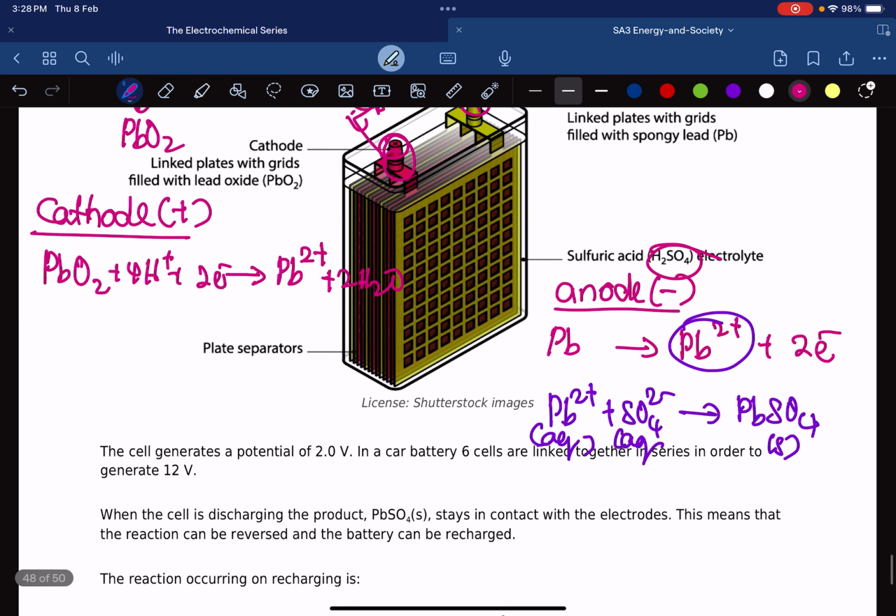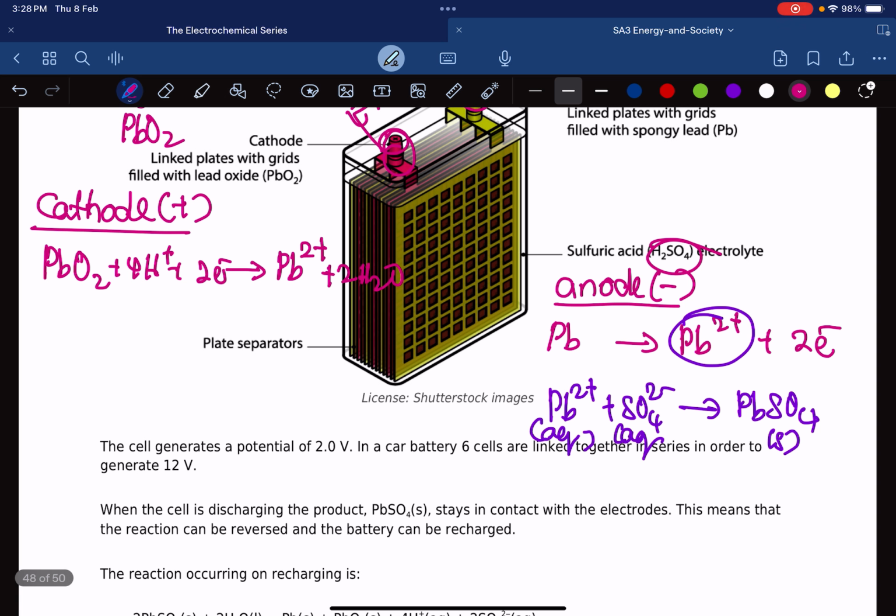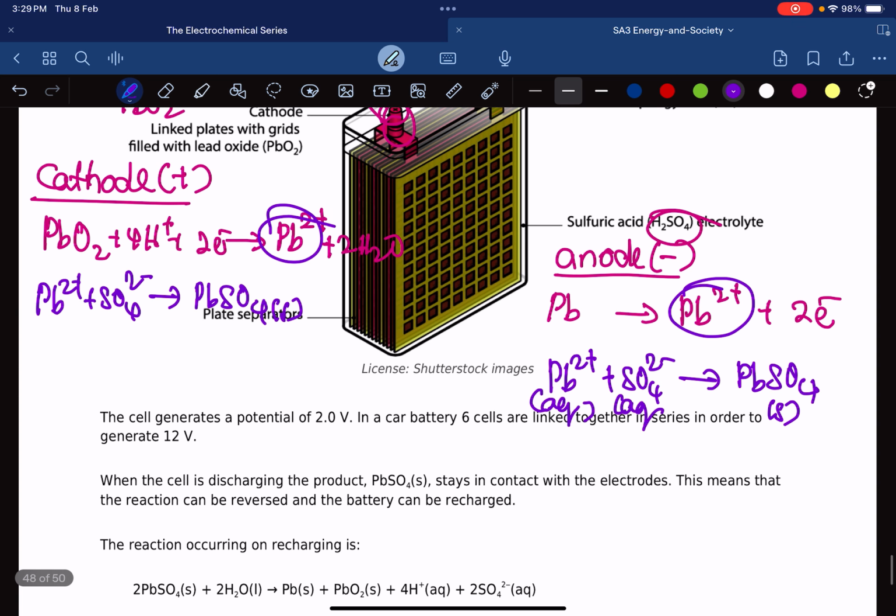Same thing on this side. Because you're producing lead ions, the lead ions can combine with the sulfates in the sulfuric acid to produce lead sulfate solid. Okay, now this is what happens when your car battery is producing electricity.